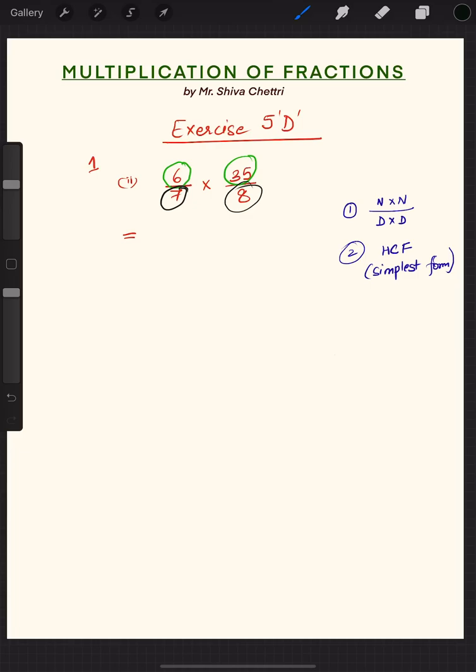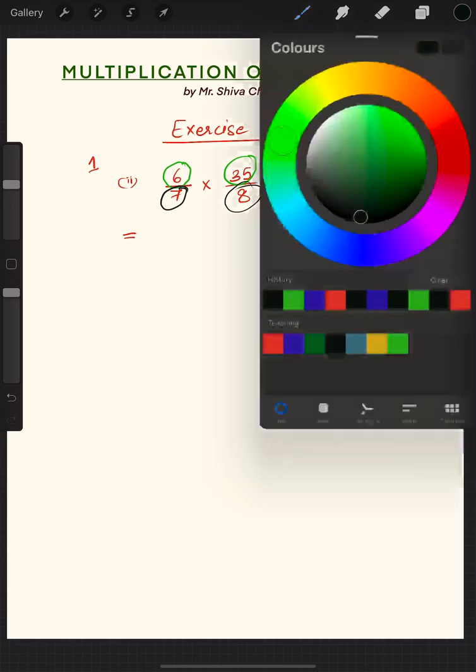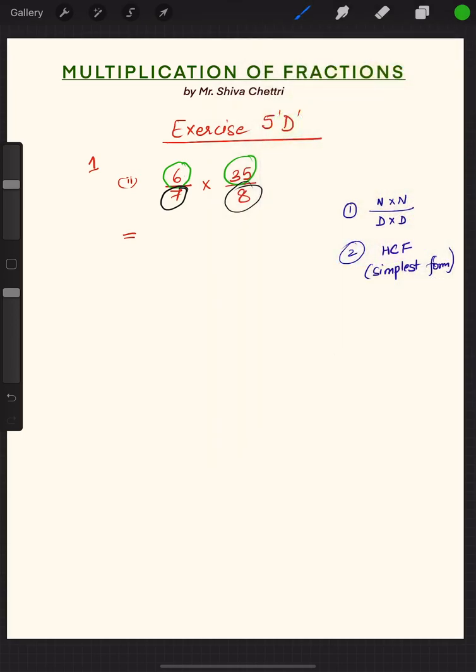So 6 multiplied by 35 and 7 multiplied by 8. So 6 into 35 will give you 210. 7 8s are 56. All right, so now the first step is done.